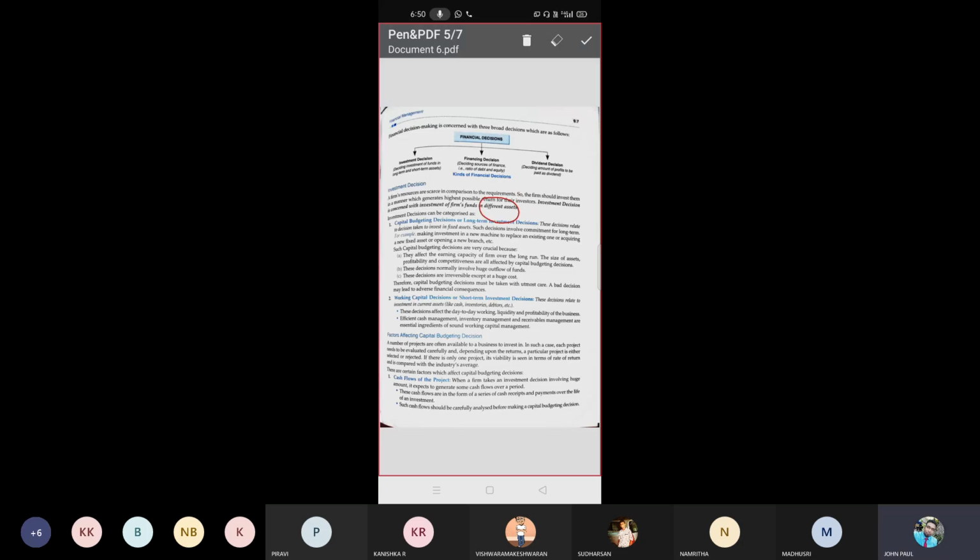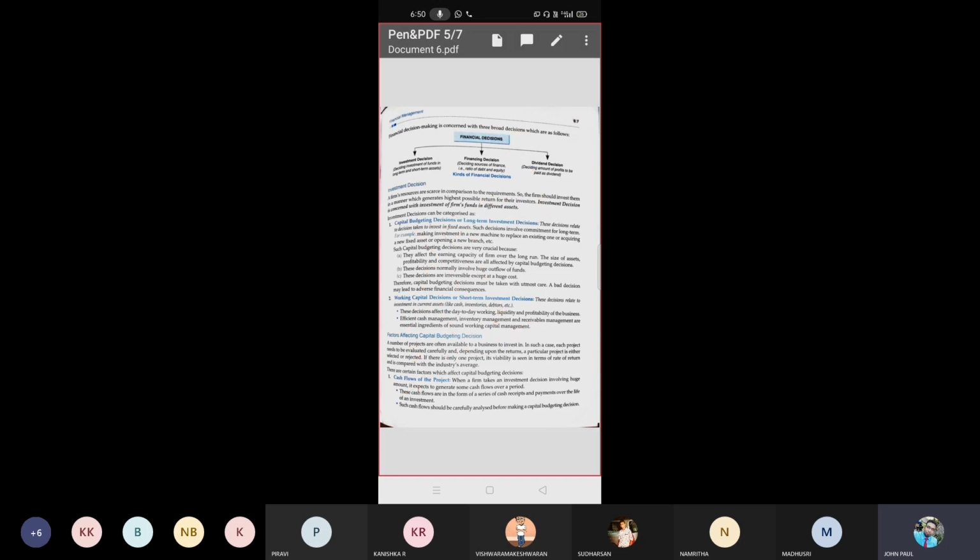In simple terms, we know investment very well, right? Most people, normal people like you and me, will invest in land, in gold, or in the share market. Why do we invest? What is the reason?